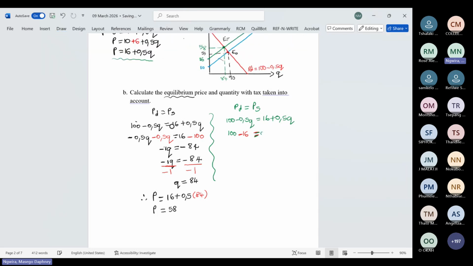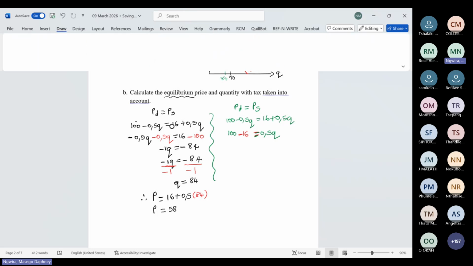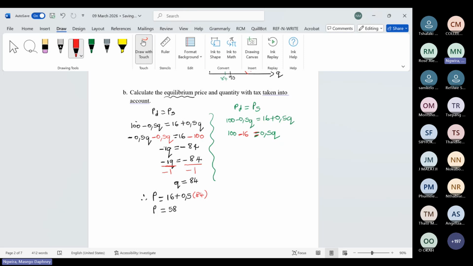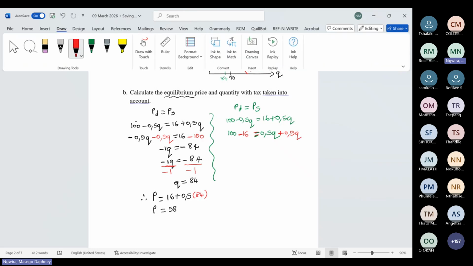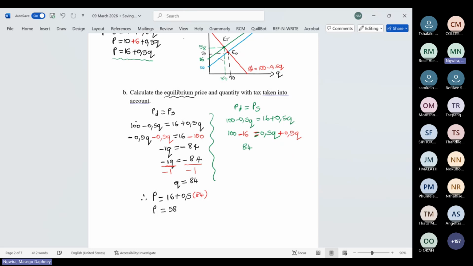And then you move this 0.5 Q that is negative to that side, and it becomes positive. So 100 minus 16, then we are going to have 84 this side. And then this one will be just 1 Q. And if you divide both sides by 1, you still get 84. Or you can say 1 times Q, it's still Q.